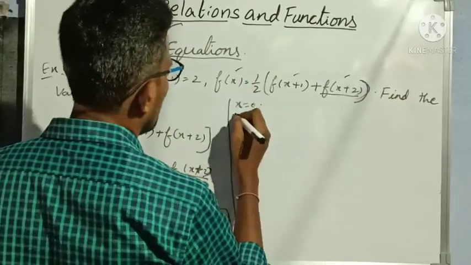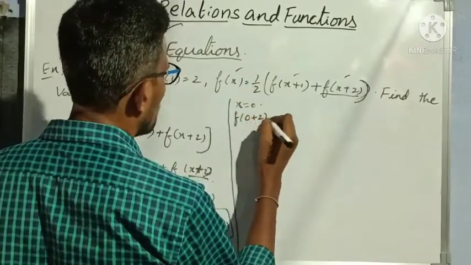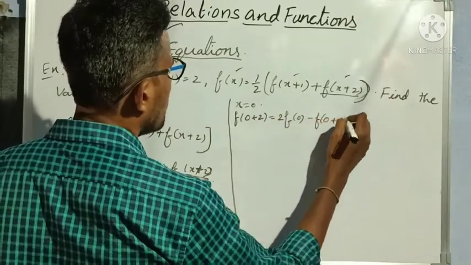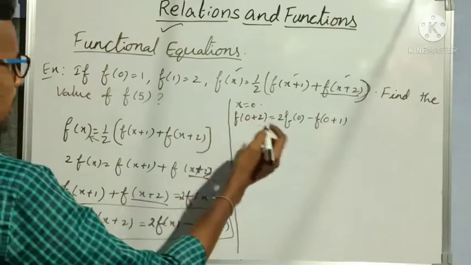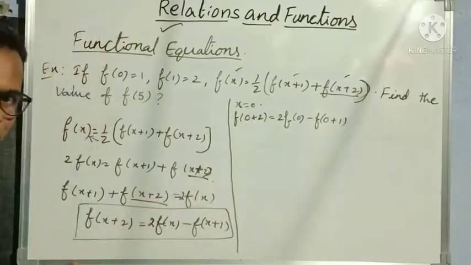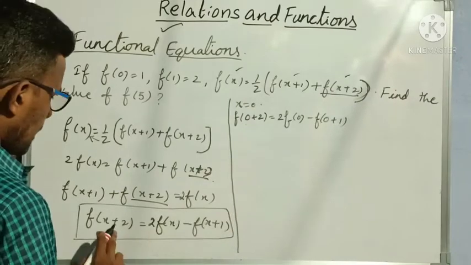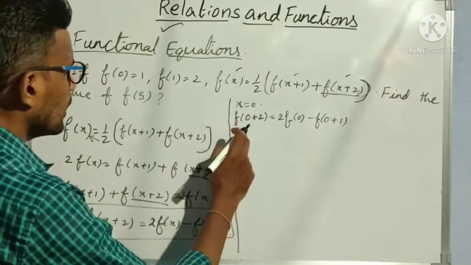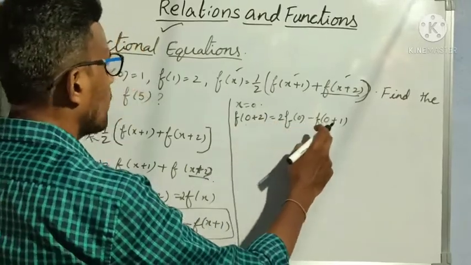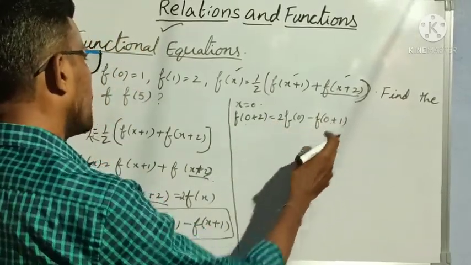So f of 0 plus 2 is equal to 2 into f of 0 minus f of 0 plus 1. What I am doing is, in the place of x I am substituting 0.